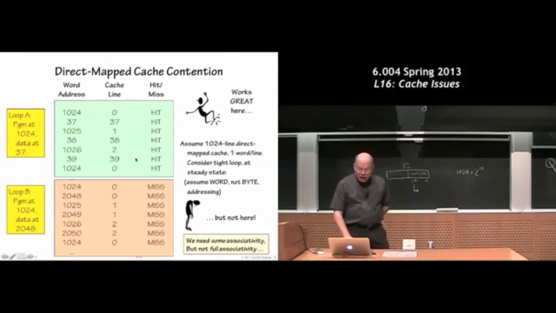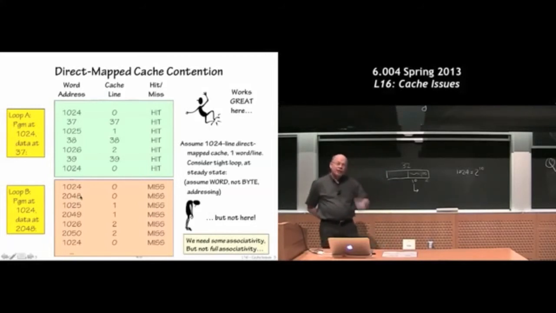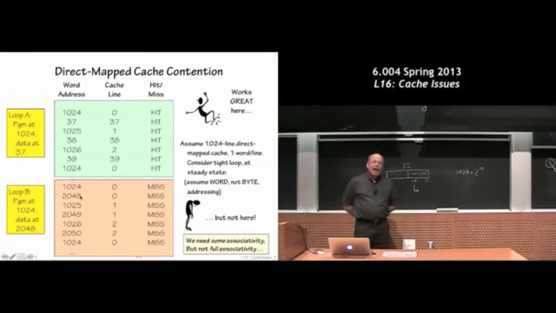Instead of being all hits, when I fetch, the instructions are coming from the thousands range and the data's in the 2000s range. When I access that first piece of data at word address 2048, what happens?